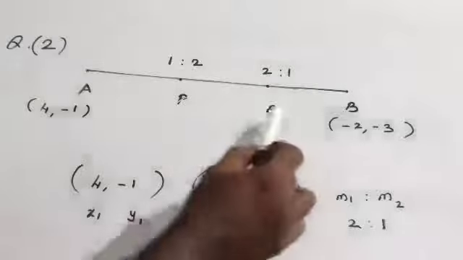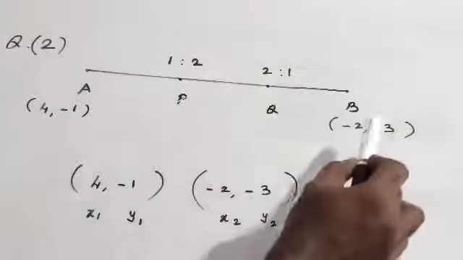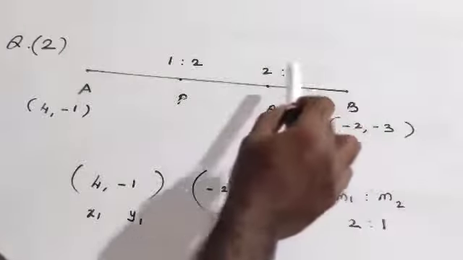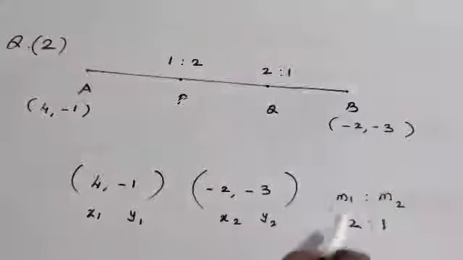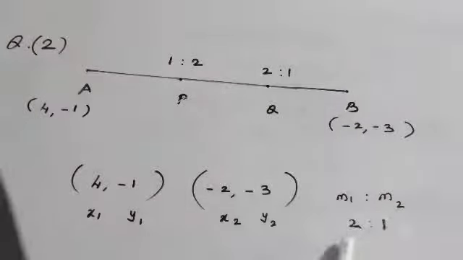Now like the previous one, take the points A 4, -1 and B -2, -3. The point Q divides the line segment AB in the ratio of 2:1. The ratio only changes here. m1 to m2 is 2:1. Now we are going to apply this value in the section formula.